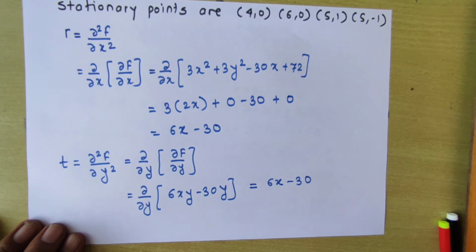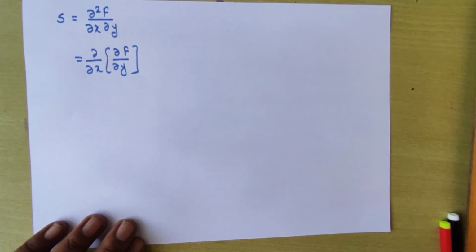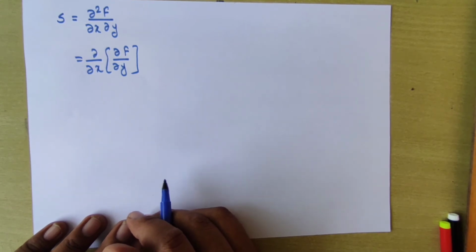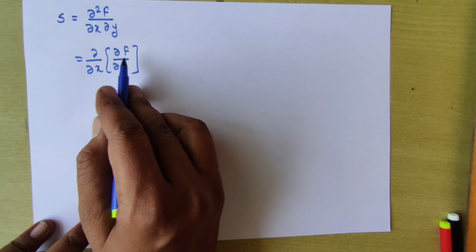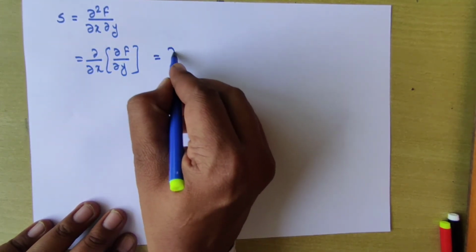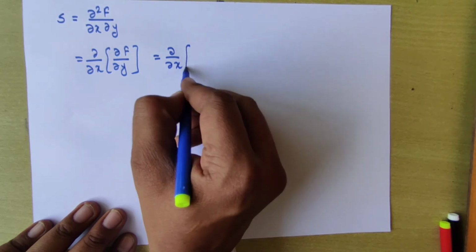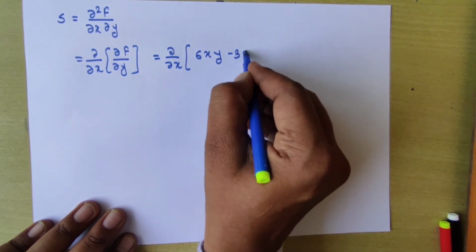Now we need to calculate the value of s. To calculate the value of s, that is ∂²f/∂x∂y, that is ∂/∂x of ∂f/∂y, and we know that the value of ∂f/∂y is 6xy - 30y.